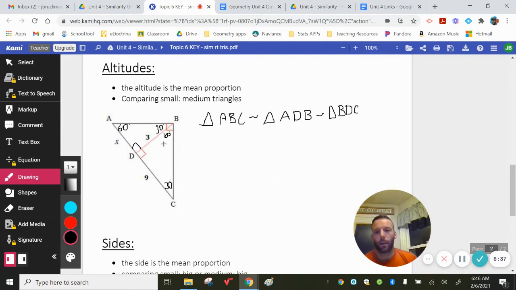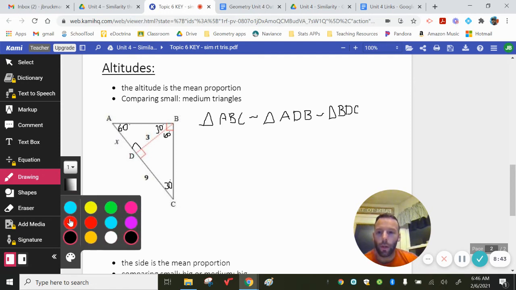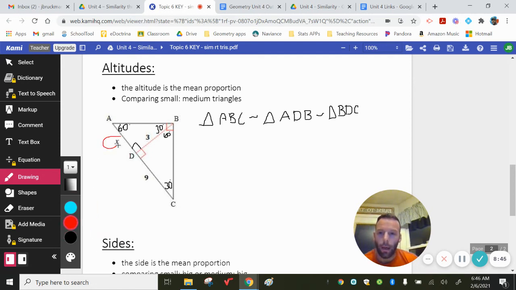Now, in this triangle, I want to find the length of X, the length of A to D. And I also know that I have the length of the altitude from D to B in this case. So with these numbers, I'm going to compare the small and the medium triangles. So I'm going to just simply cross this triangle off of my similarity statement and just compare these 2 triangles.